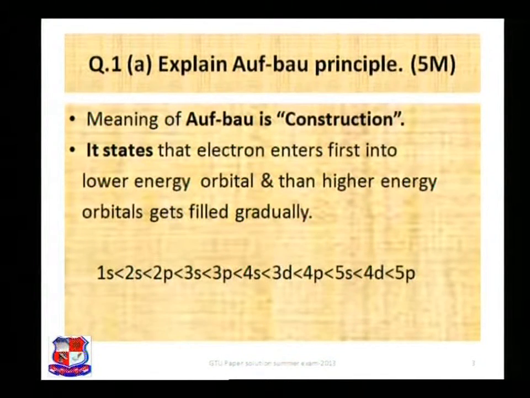So you can see very clearly that the 1s orbital is the lowest energy orbital and the 5p orbital is the highest energy orbital.